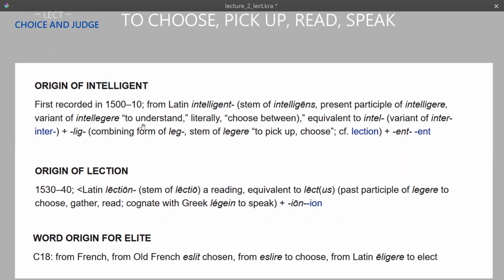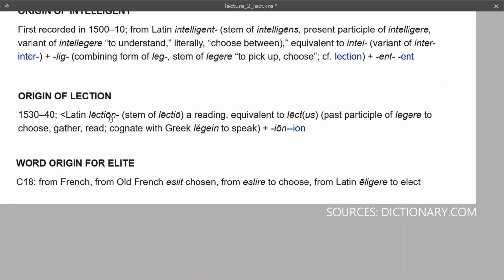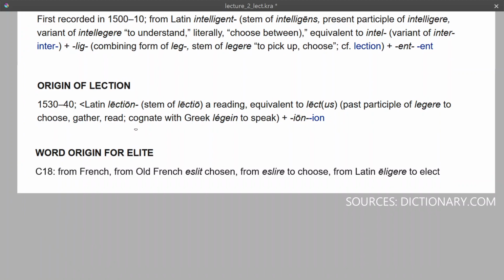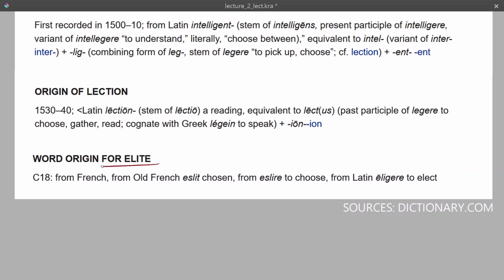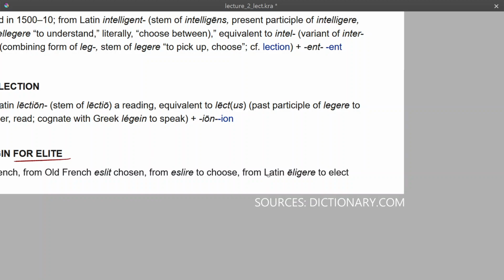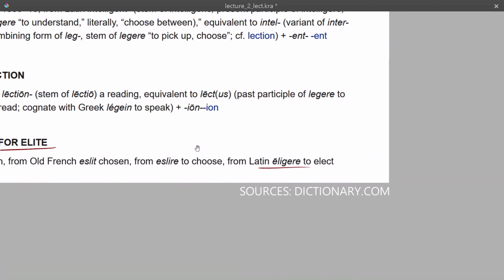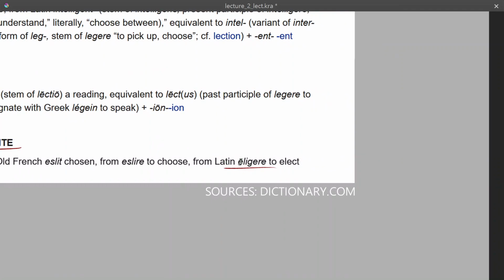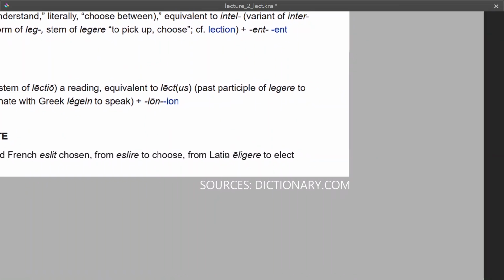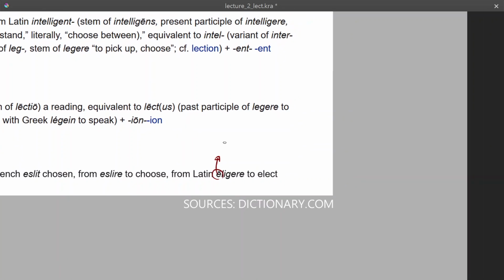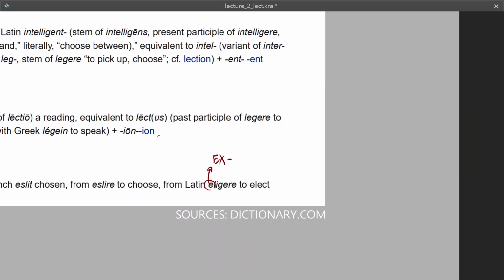And lastly, we have the origin of the word elite. Elite comes from the Latin word eligere. So eligere has three components. The first one is the prefix e, which is a variant of ex, meaning out, completely, or the former title.